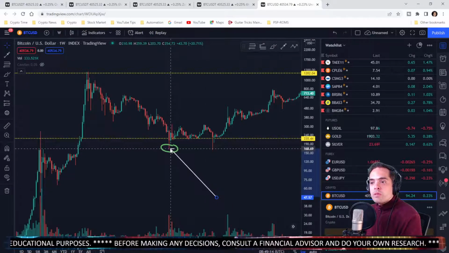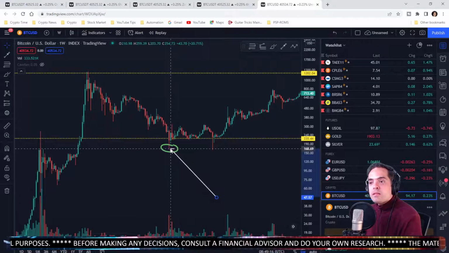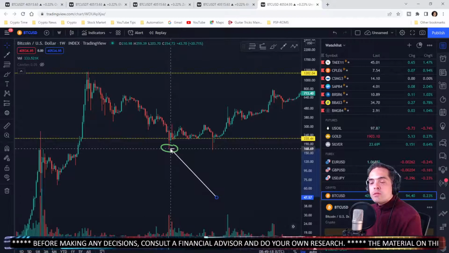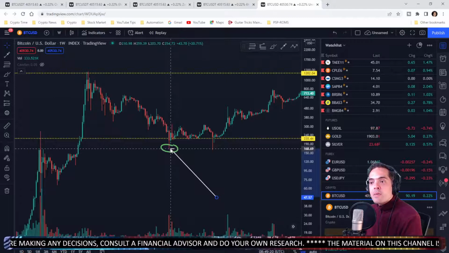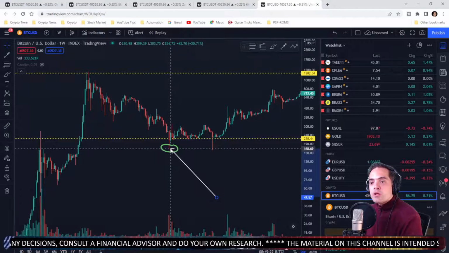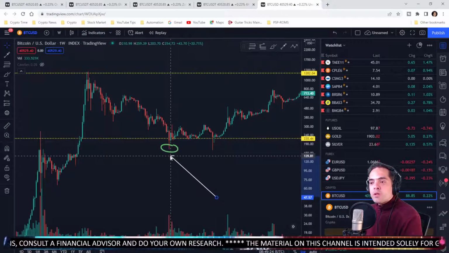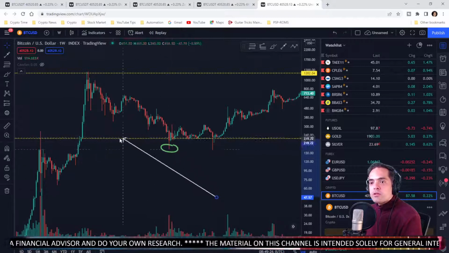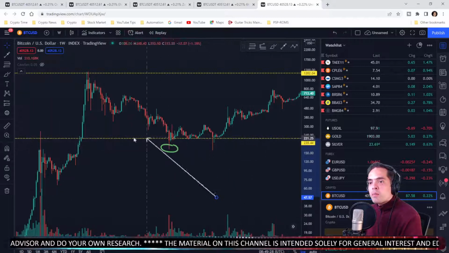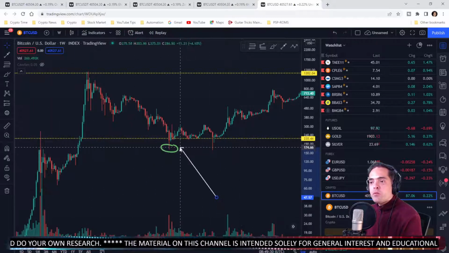It doesn't have to be exactly the same spot, like rounded numbers, just imagine it's a region. So you can draw a rectangle, just to mark up and highlight those zones.